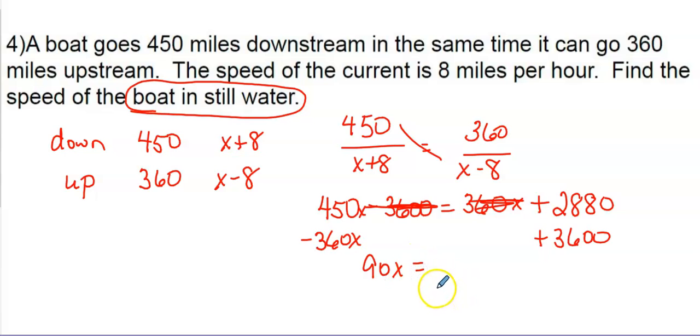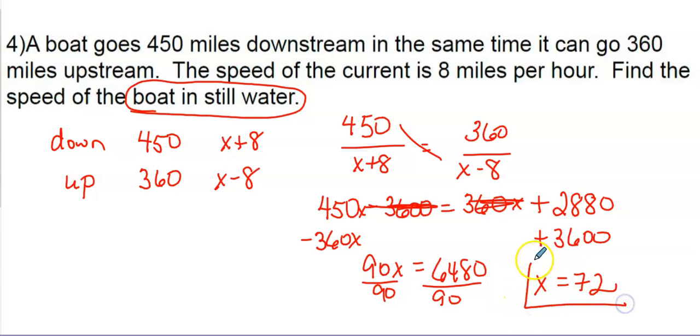And 2880 plus 3600 is 6480. Let's divide by 90 and see what we get. 72. X equals 72. So the speed of the boat in still water would be 72 miles per hour.